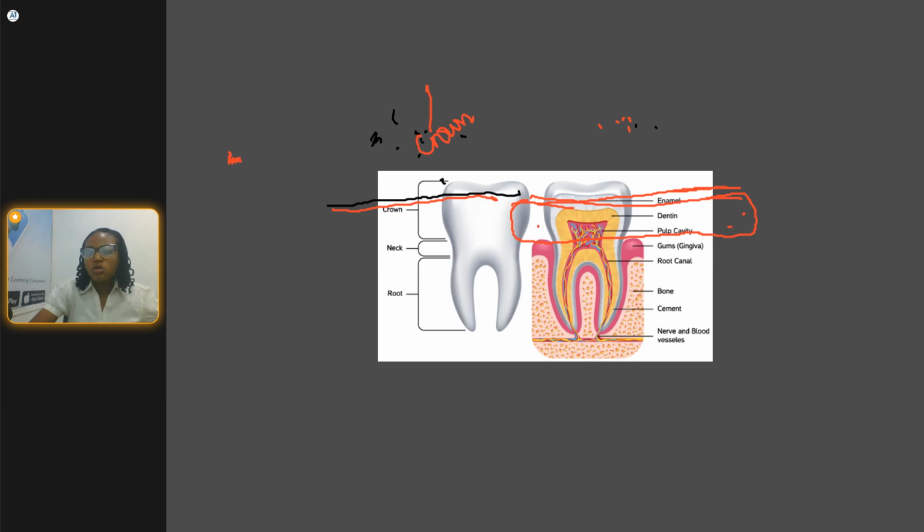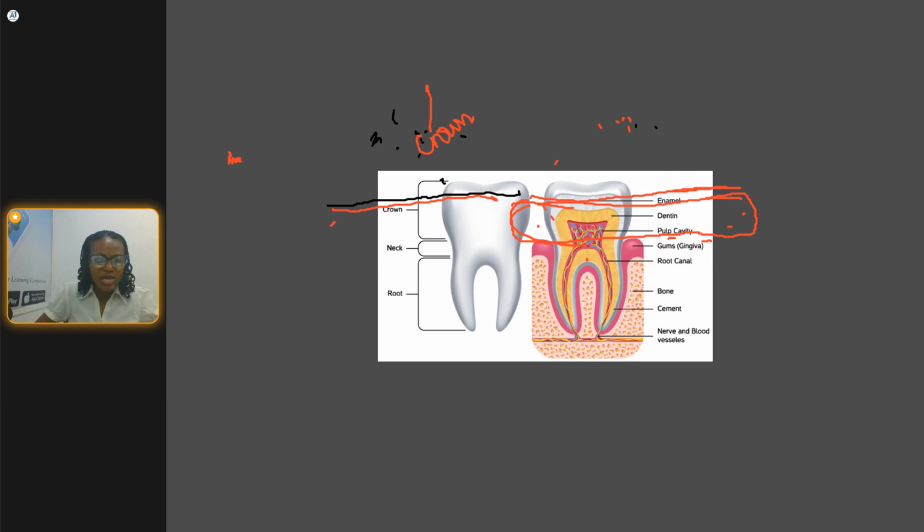Okay, so the external structure is divided into three parts: we have the crown, the neck, and the root. The crown is the one that is visible, that you can see outside. The neck is this gum region, where the crown and the root are held or joined together.